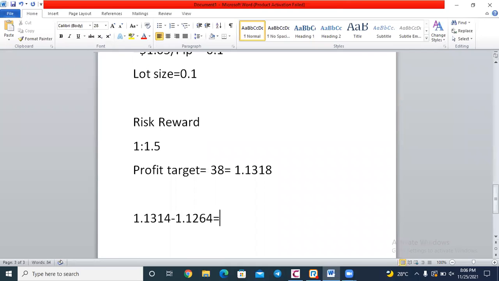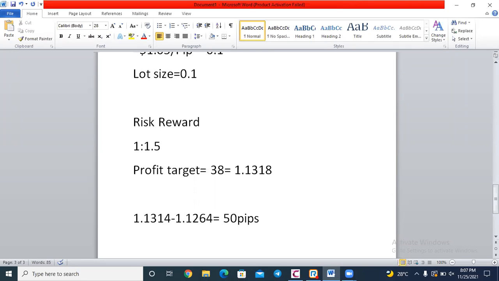This gives us our market risk. So let's subtract this. 1314 minus 1264. That is 50 pips. We are risking 50 pips on this trade.